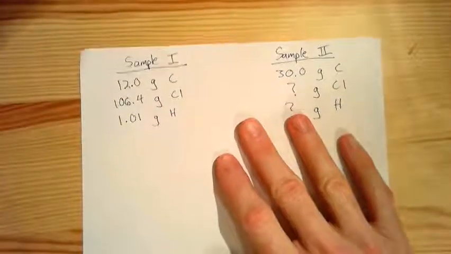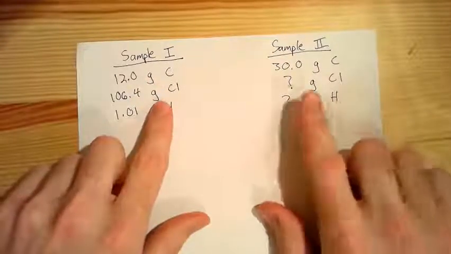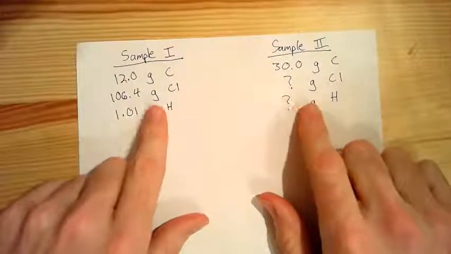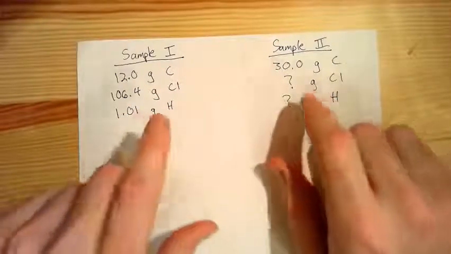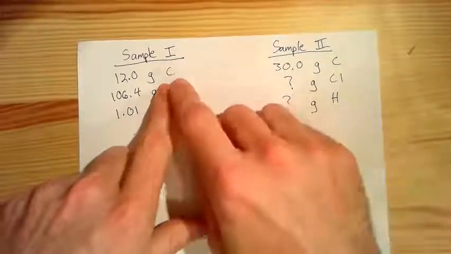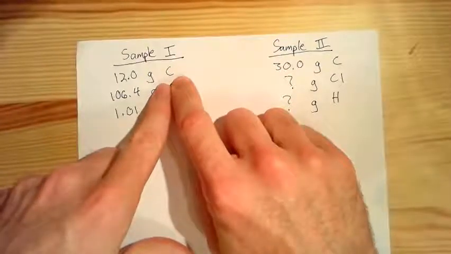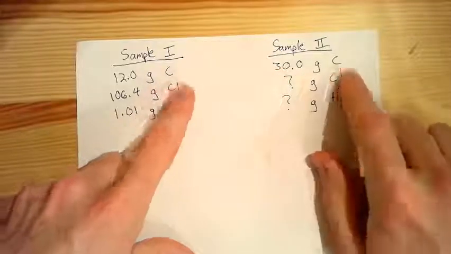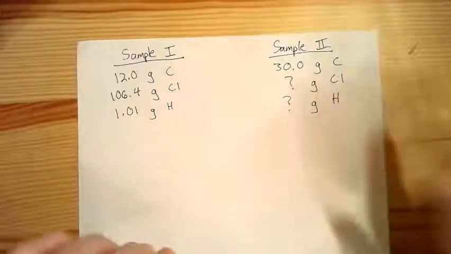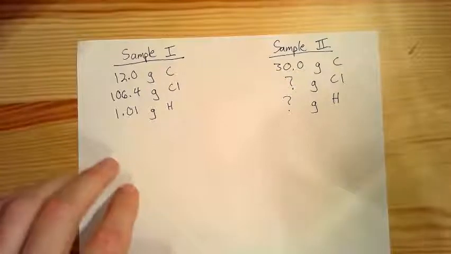All you need to know is that there are 2 different samples and they're both of chloroform. The only difference is they have 2 different masses. So if they're both chloroform, the percentage of carbon should be the same here as it is here. So we're going to try to find the same percentage of the total mass.